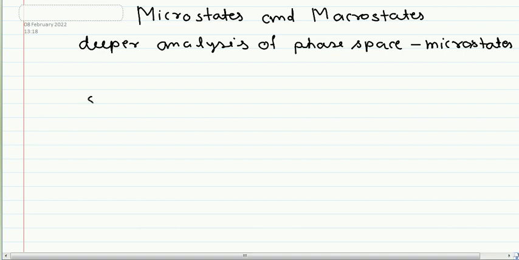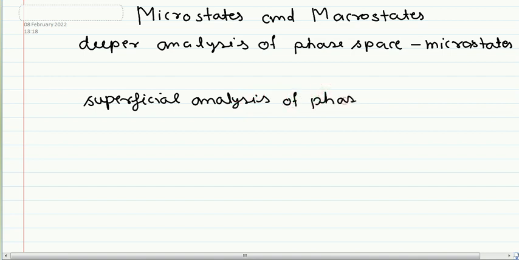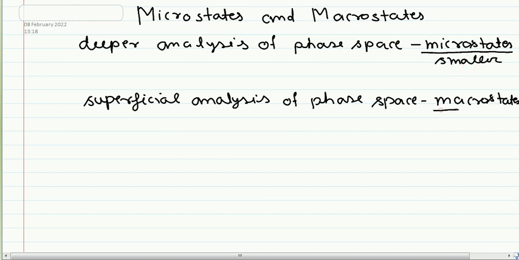And if we do a superficial analysis of phase space, then we call it macrostate. So microstate is something which is smaller, and macrostate is something which is larger.